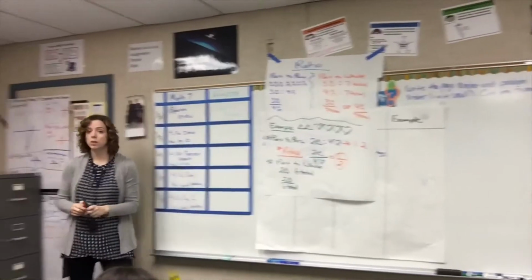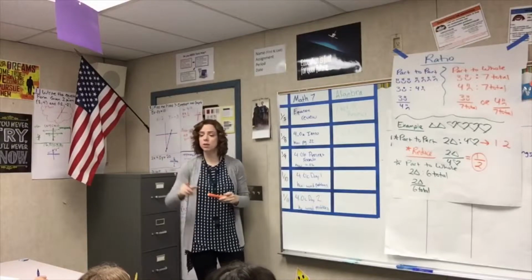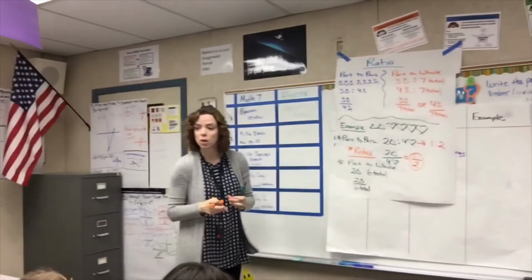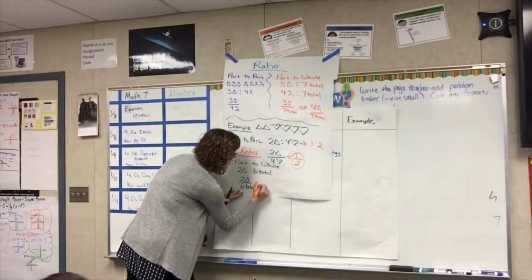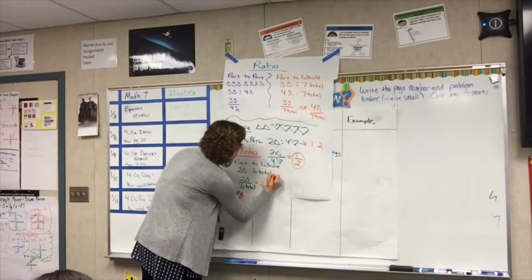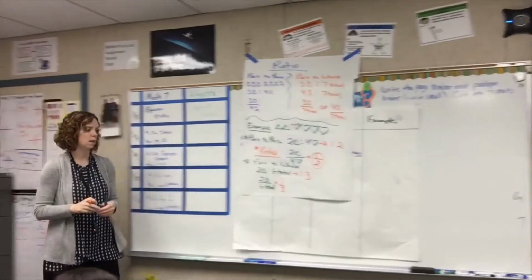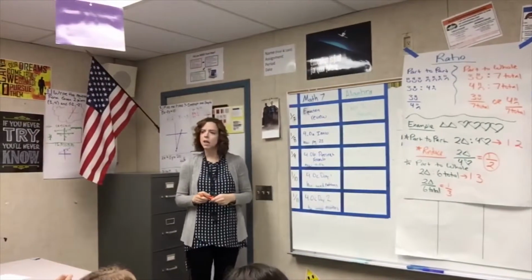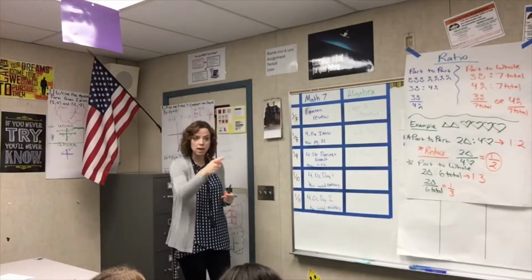So we can also write that as 2 triangles to 6 total. Does that reduce? Could someone raise their hand and tell me what 2/6 reduces to? Yes, 1/3. Thank you. You are awesome. So we can have this as 1/3. So that means this can be 1 to 3.